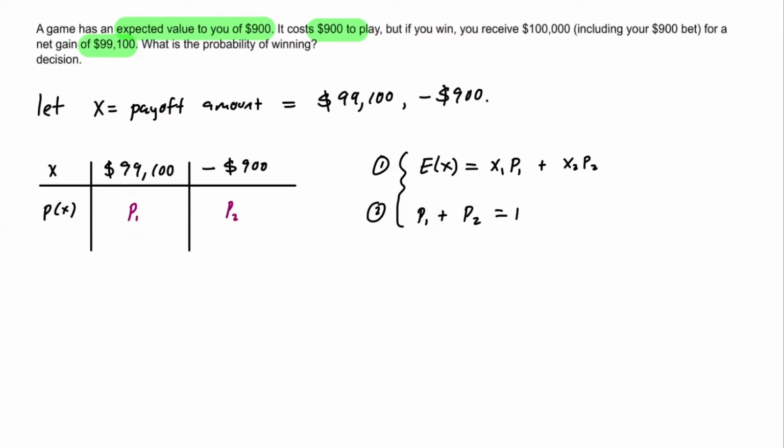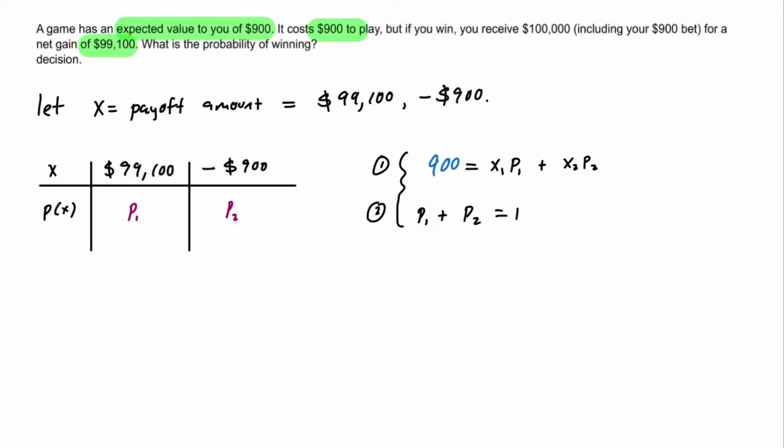All right, now we also know one more piece of information: the expected value to you is $900. So we can substitute that into equation 1. I'm going to replace this with $900, and we're going to solve this system. I'm going to substitute my x1 and x2 values into equation 1.